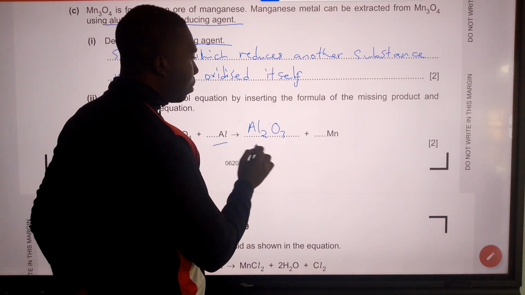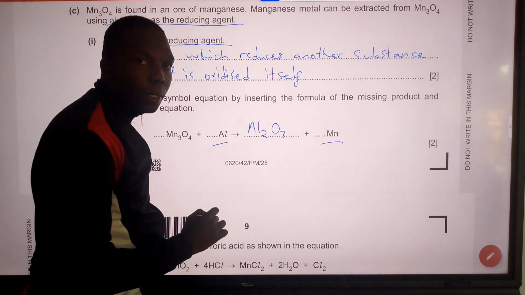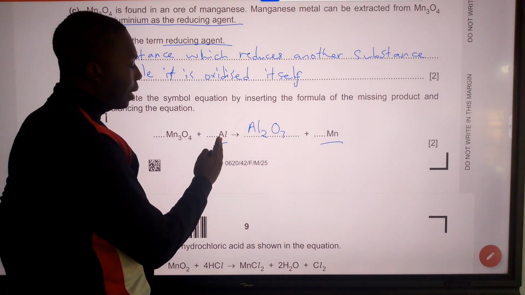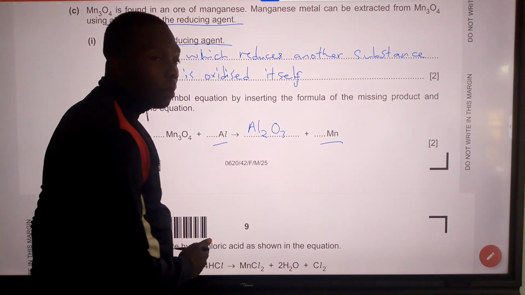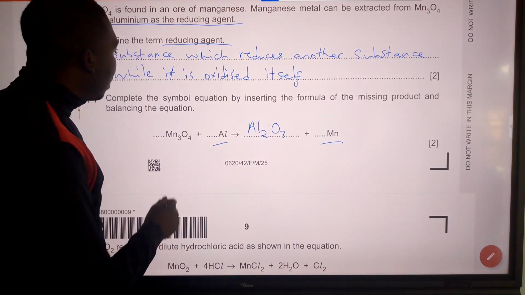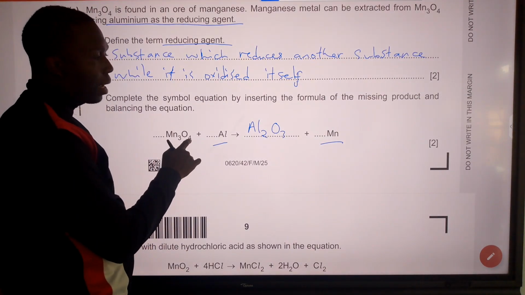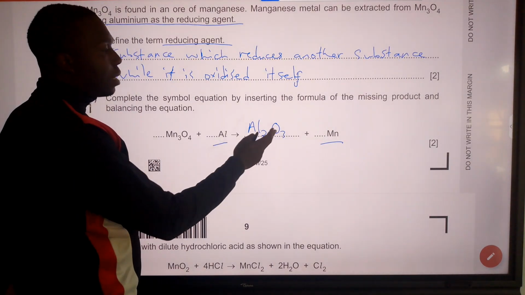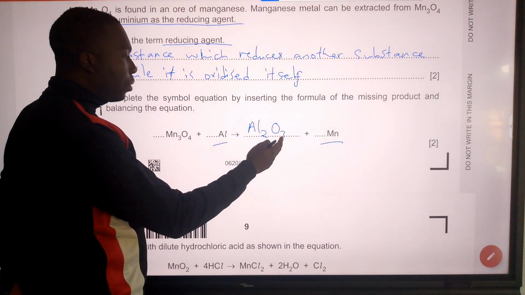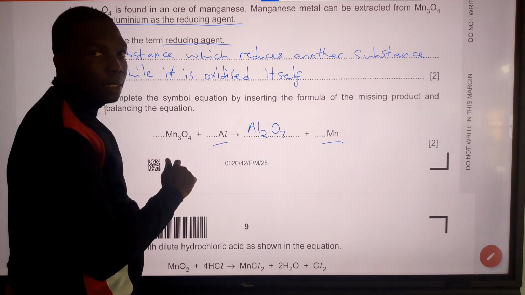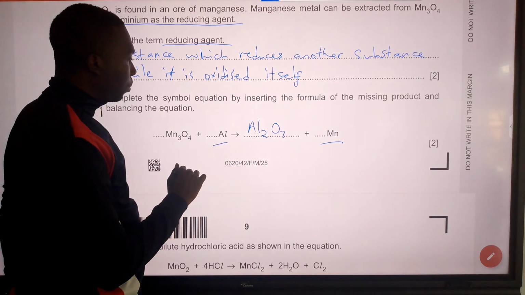Here, aluminium is isolated and manganese is isolated. So we can end with balancing aluminium and manganese. So let us look at oxygen. We have 4 oxygen atoms on the left and 3 here. So what we can do is to switch the numbers such that we balance the oxygen atoms.